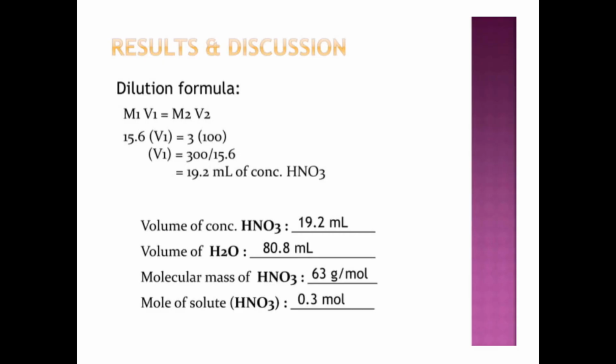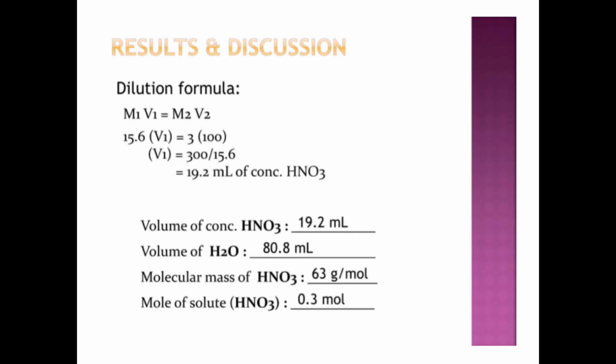So you are going to be using the formula M1V1 is equal to M2V2, where M1 is the initial concentration or molarity of the acid, V1 is initial volume, M2 is the final concentration you are expected to prepare, while V2 is the final volume you are expected to use.